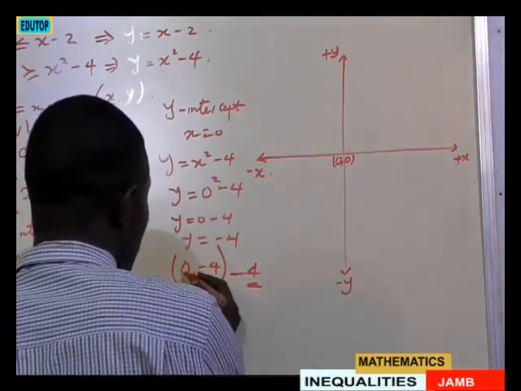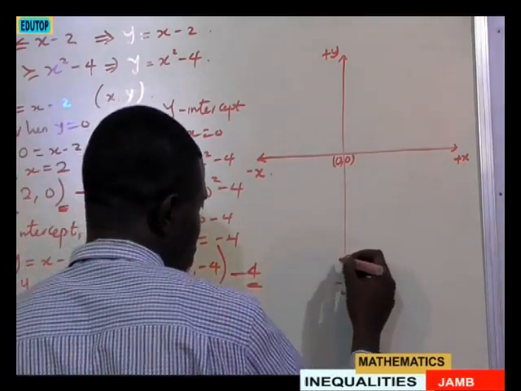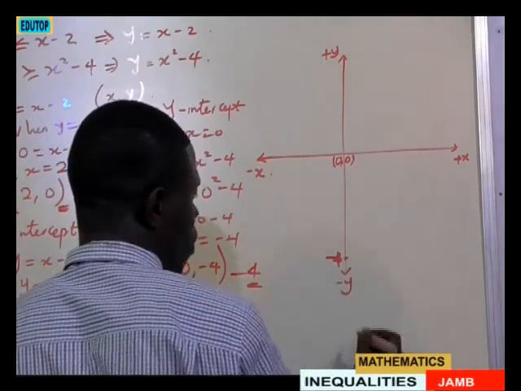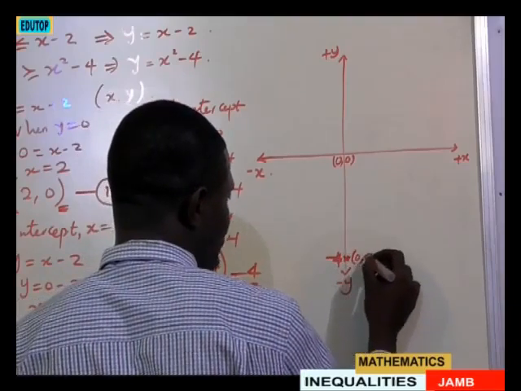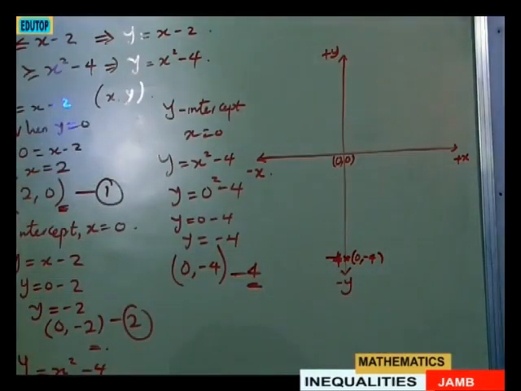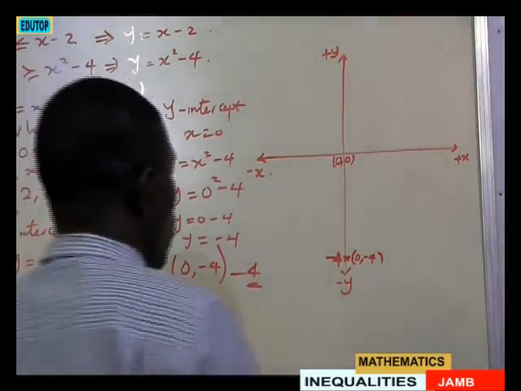So here x is 0, y is minus 4. So it's somewhere around here. And that's the value of our y, minus 4 here when x is 0. So if we mark this point, it will be 0, minus 4. Take note of that. Then we also have when x is 2, y is 0.